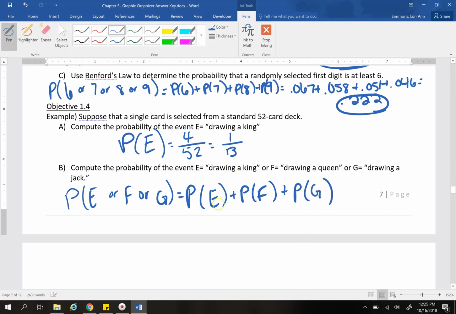The probability of drawing a king is 1 over 13. The probability of drawing a queen is the same. When you add those together, I'm just going to write this as 4 over 52, so it's easier to add. That's 12 over 52, which reduces to 3 over 13.